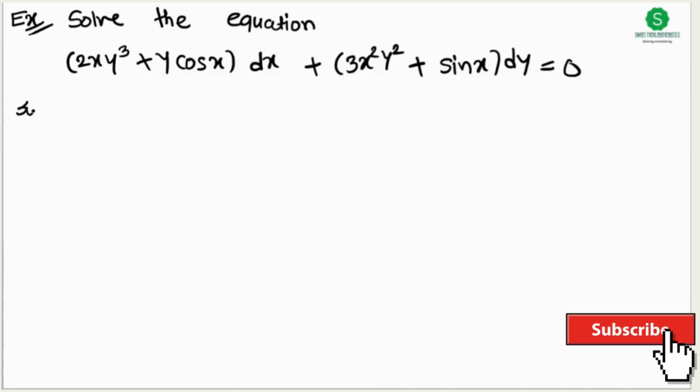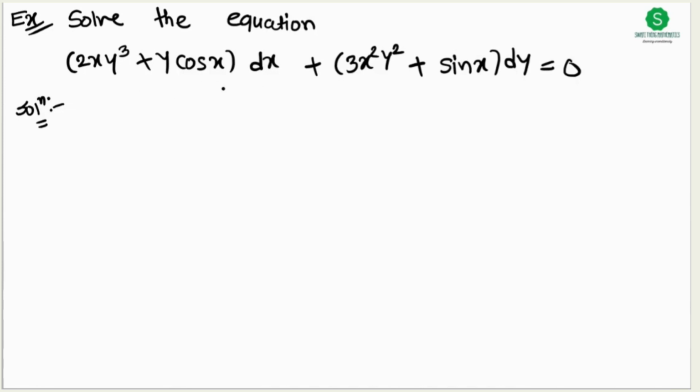Here we have been given the differential equation, but we don't know whether it is exact or not. So we have to compare this differential equation with M dx plus N dy equals 0.